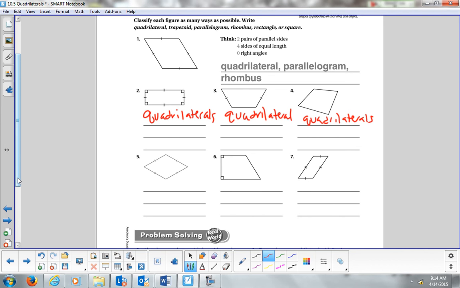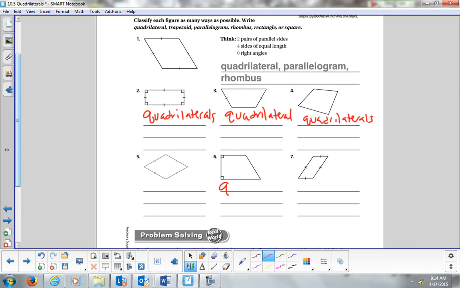All right, and let's see. Let's do number 6. All right, so number 6 has 2 lines that are parallel, 4 sides that are not of equal length, and 2 right angles.